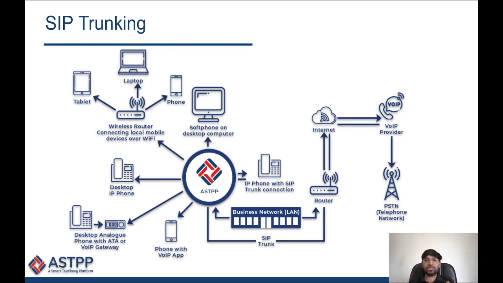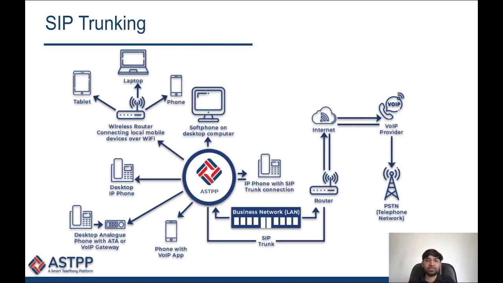We have support for OpenSIPS as well. So if you have a number of concurrent calls and want to split your services amongst multiple servers, we can do that. If you want load balancing or failover services, we can do that. ASTPP has the capability of doing it. So the scalability of the software is very easy, and it is highly scalable.